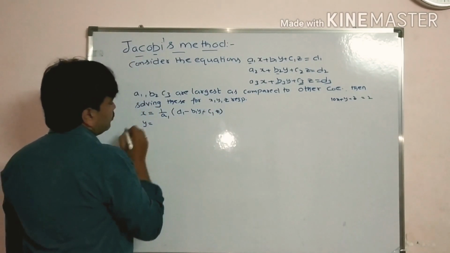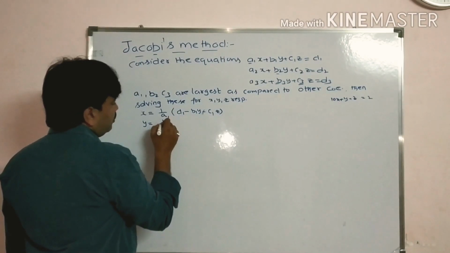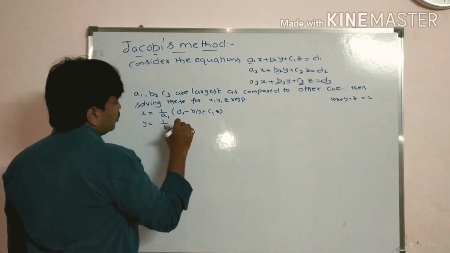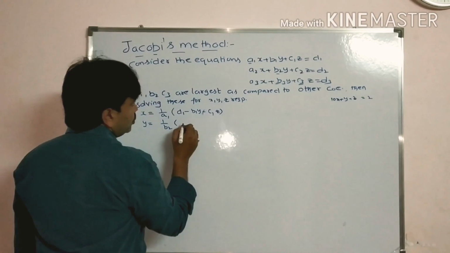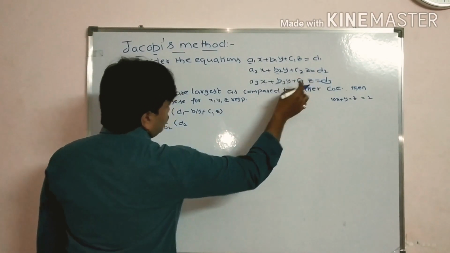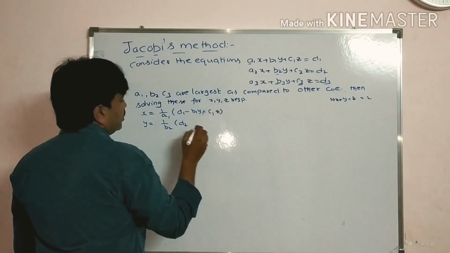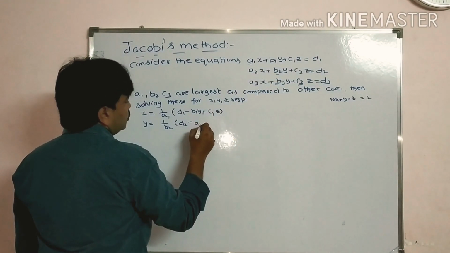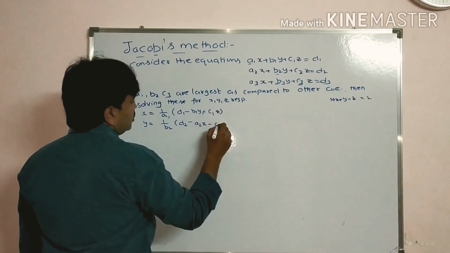Similarly, y is equal to 1 by b2 into d2 minus a2x minus c2z, transposing a2x and c2z to the right.